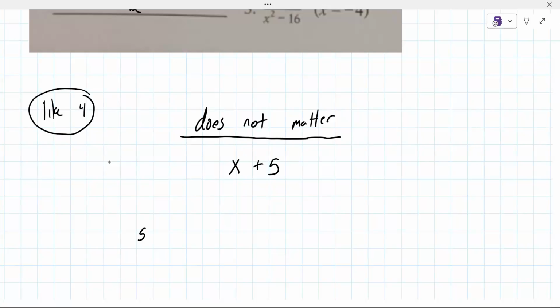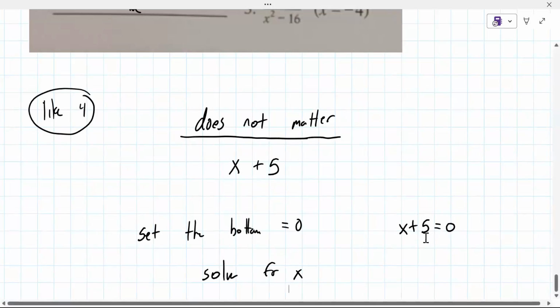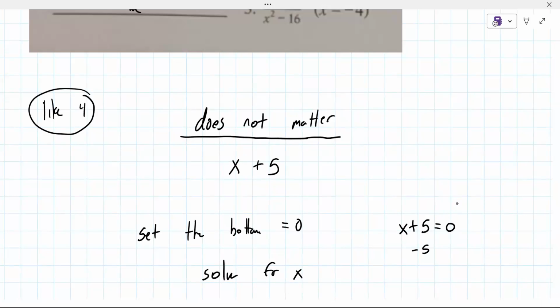Okay, here's what you do. You set the bottom equal to 0. You set x plus 5 equal to 0, and then you solve for x. How do you solve for x here in this equation? We would subtract 5 from both sides.